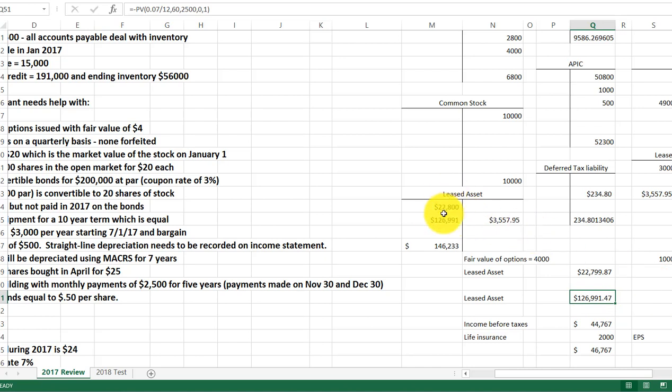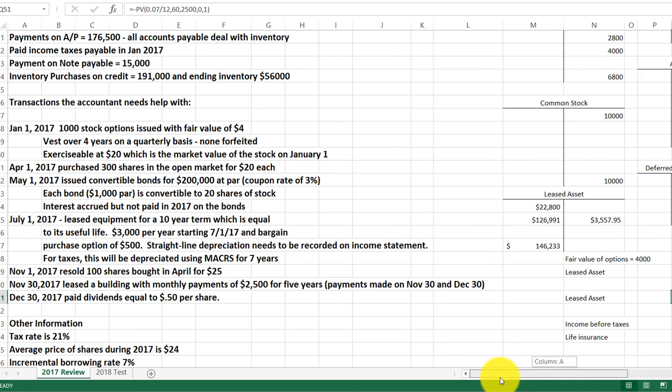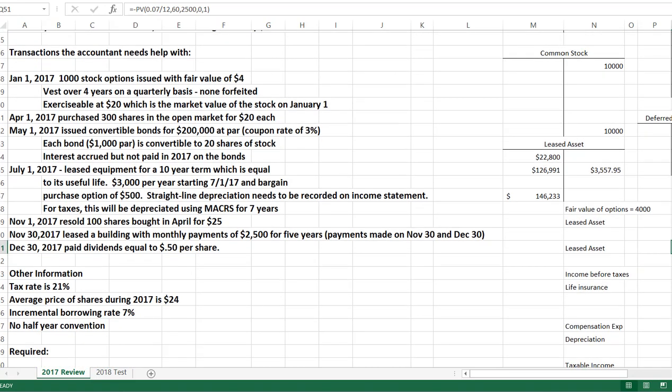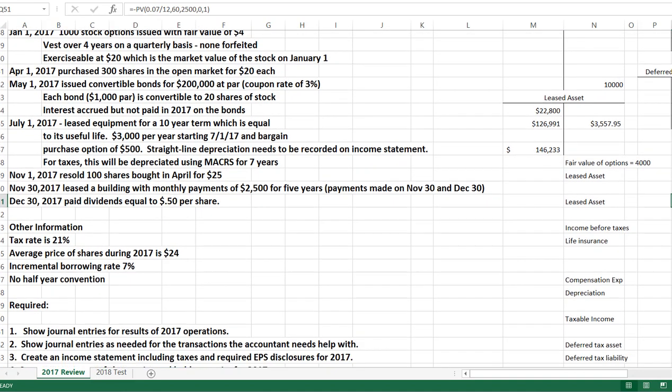Now I use the same, you could use a separate leased asset, and a lease liability of 126,991. Again, I rounded. And then we pay dividends equal to 50 cents per share. So we'll need to figure out how many shares are outstanding at that date.